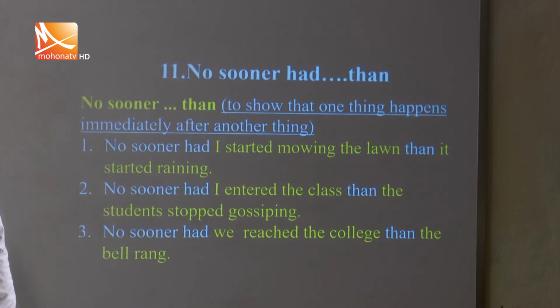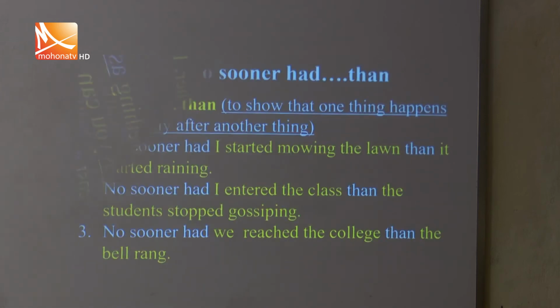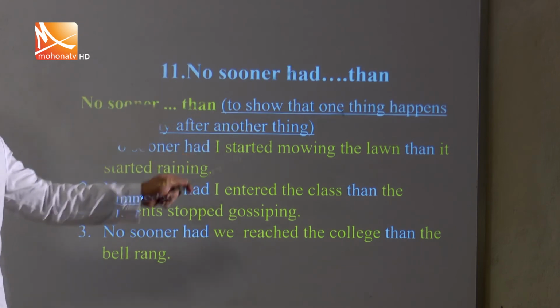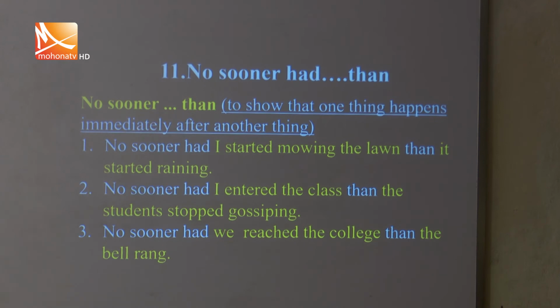Here, number 11, no sooner had... than. This is also a conjunction and it creates a complex sentence, and it is related to the previous slide. If we look at as soon as, the alternative negative structure is no sooner had... than, to show that one thing happens immediately after another thing, but in a negative structure.